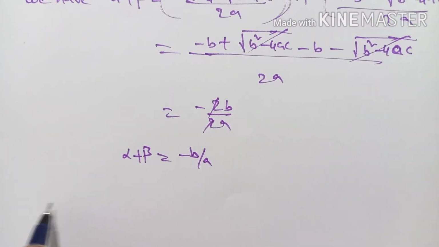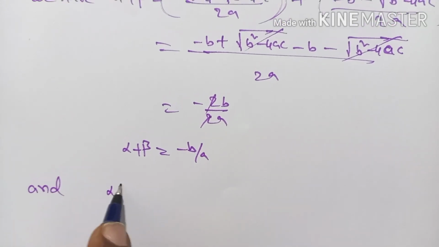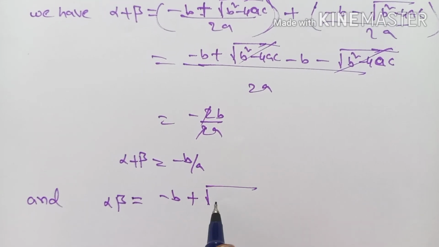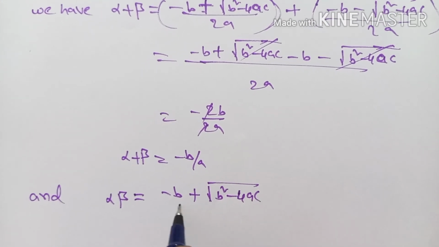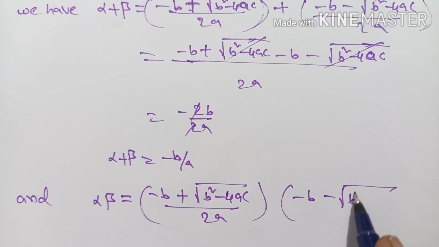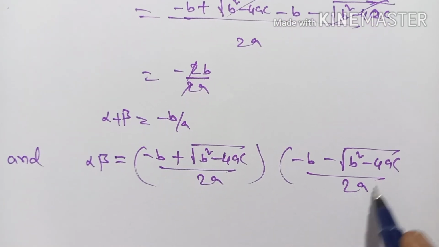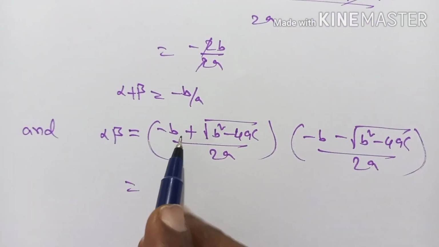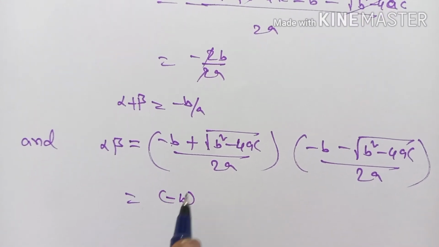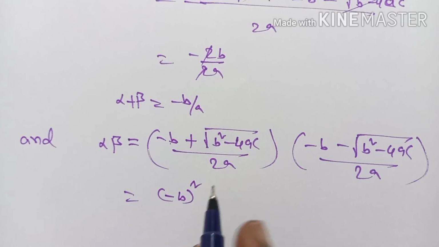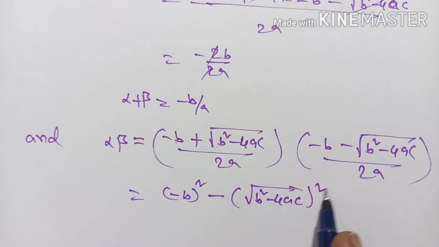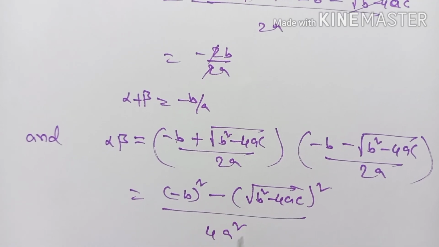Product of roots: alpha beta is equal to minus b plus root over b square minus 4ac by 2a, into minus b minus root over b square minus 4ac by 2a. In the numerator, the terms are in the form a plus b into a minus b, which is a square minus b square.